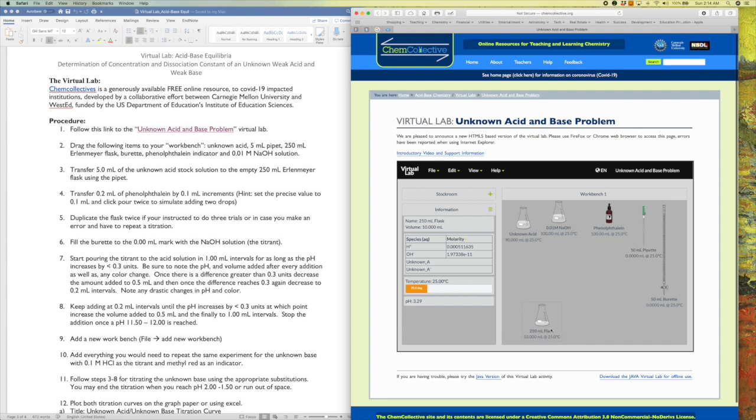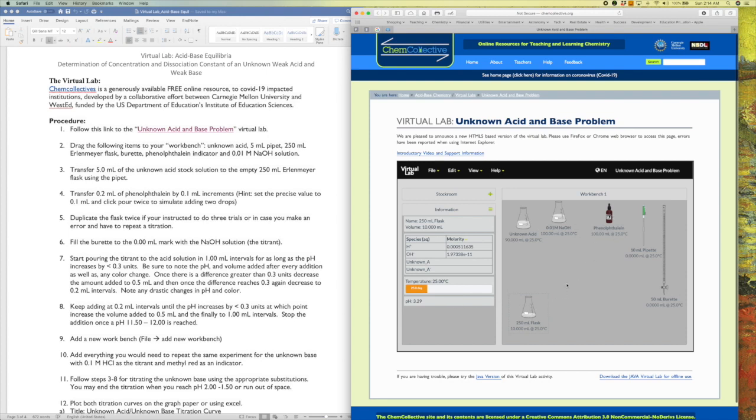And so I now have my flask of the unknown acid, 10 ml of the unknown acid. And here on the side we can see that the pH is still 3.29.